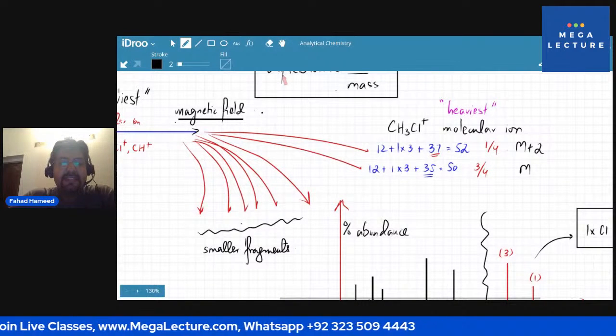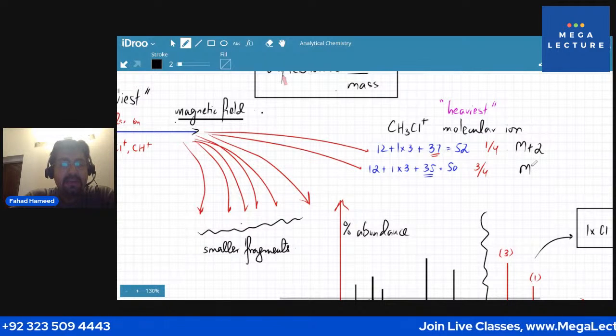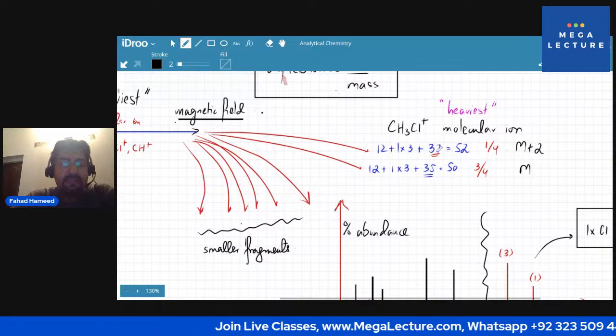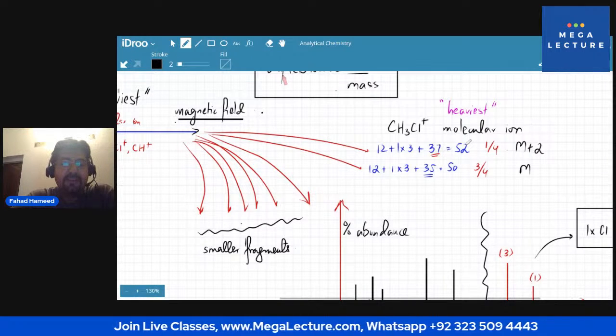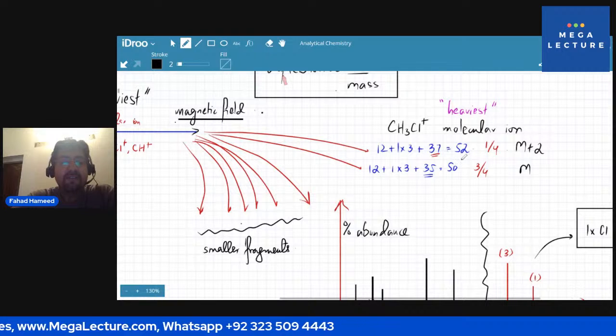Technically, these are known as the molecular ion peaks, the M peaks. The lighter version is known as the M peak. With heavier isotopes, the mass increases. In this case, the mass increases by 2. So this peak is known as the M plus 2 peak, because there's a difference of 2.